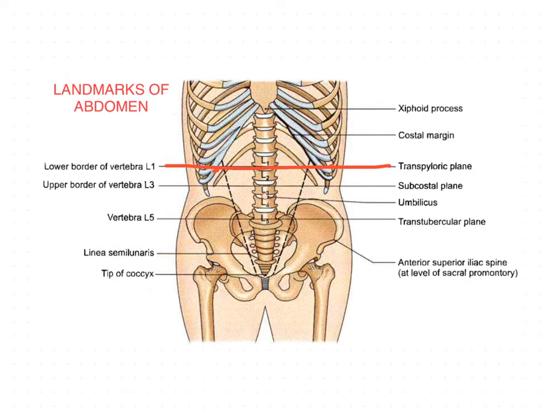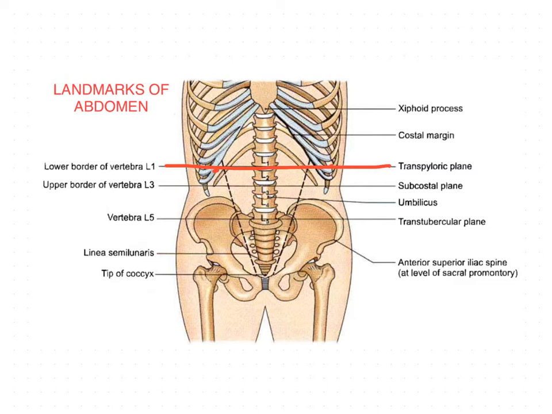Normally this plane passes through the pylorus of the stomach, that is the opening of the stomach, the hilum of the kidneys, the fundus of the gallbladder, the neck of the pancreas, and the origin of the celiac axis and superior mesenteric arteries. So this line passes through these abdominal organs that we are going to study in detail later.